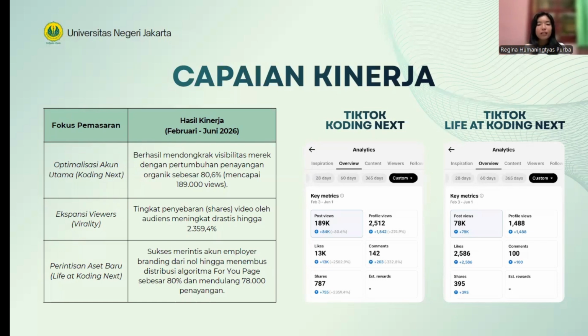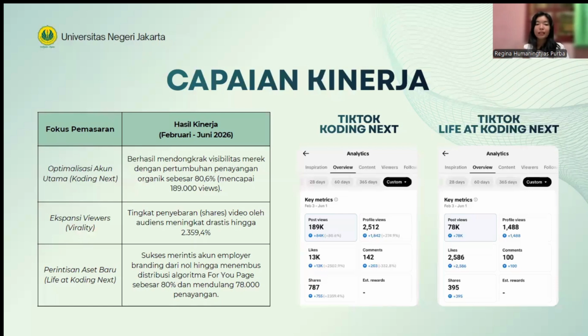The engagement and share rate of our videos exploded by 2,359.4%. And that new Life at Coding Next account I started from scratch successfully broke through the algorithm with 80% of its content hitting the For You page and generating 78,000 views.